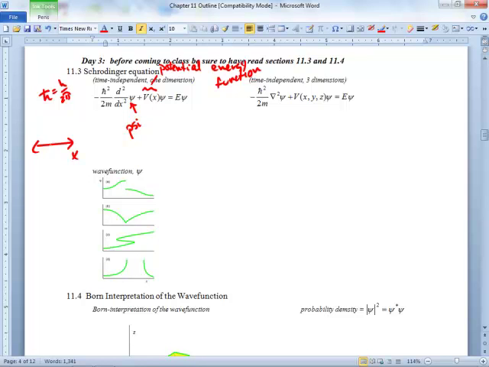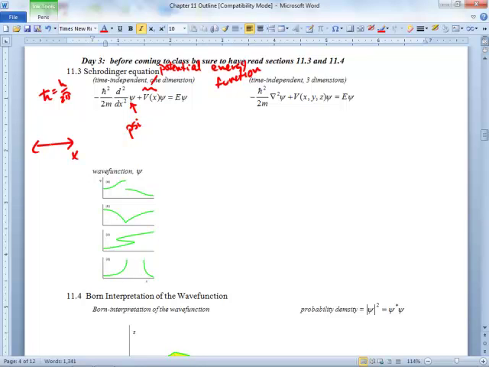Okay. And you're only going to get certain possible energies with this wave function, as long as the wave function is right. There are right and wrong wave functions. We'll talk about that down here in those plots.